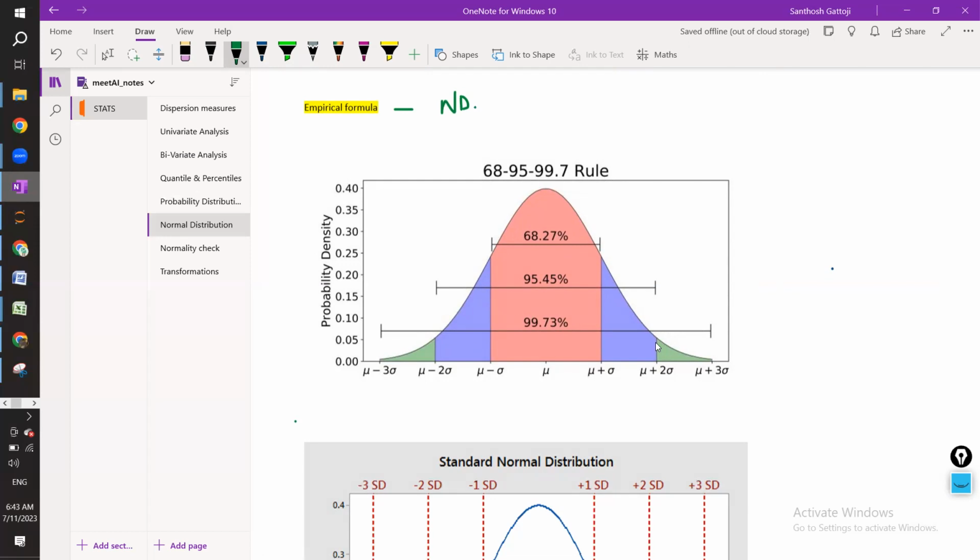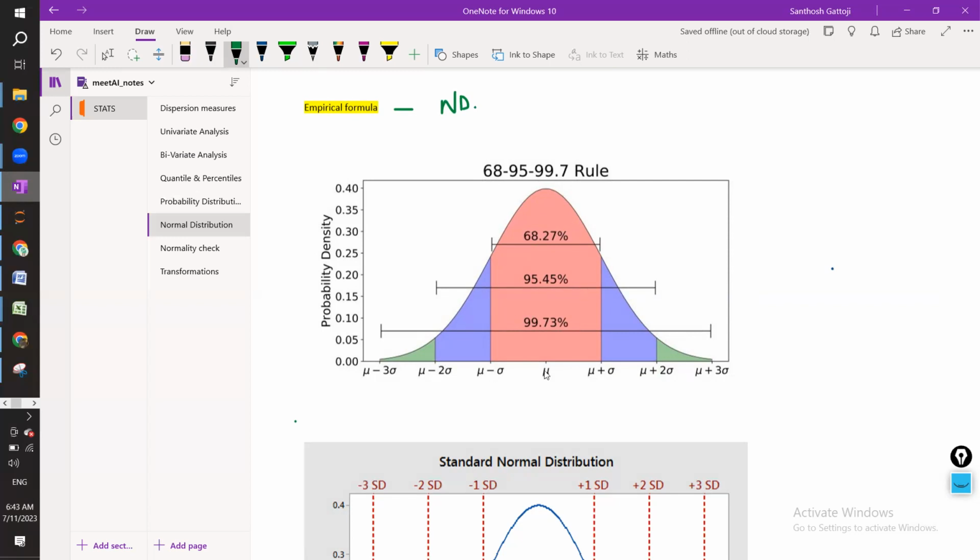According to the empirical formula, you can say 68.27, out of the whole data, roughly 68% of the data can be found between one standard deviation.